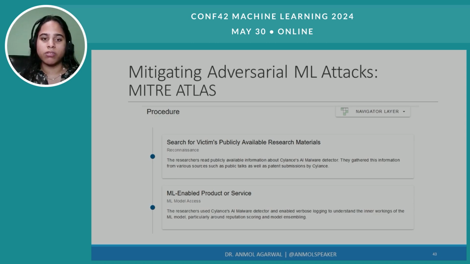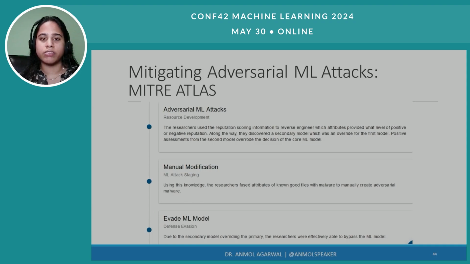If you keep scrolling down, you'll see the other parts of the procedure. Then they performed an adversarial machine learning attack to reverse engineer how the model was working. Then they used manual modification to manually create adversarial malware that tricked the Cylance model into thinking this malware was actually benign.